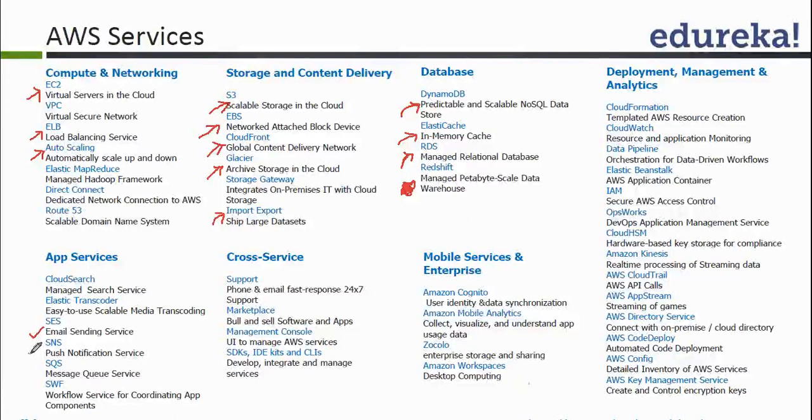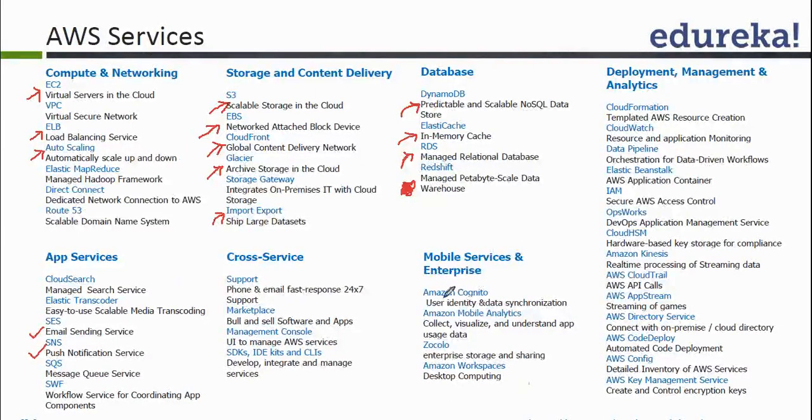Amazon Simple Notification Service is the service you use for sending notifications, to email, mobiles, all that. Amazon Simple Queue Service is like RabbitMQ, ActiveMQ; it helps to create a managed queue service. Simple Workflow Service is for managed workflow. It's like business process management rules.